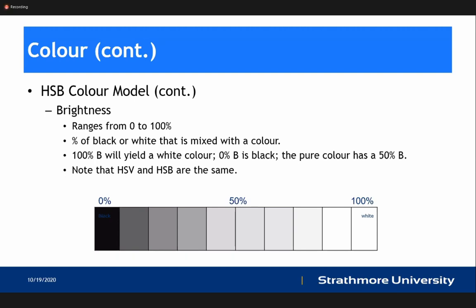To have the pure color, you need to keep it at 50%. I think you're familiar with this in your screen display on phone or probably TV. When you talk about contrast or brightness, all those settings are available, and if you make it too bright, it will be too white.